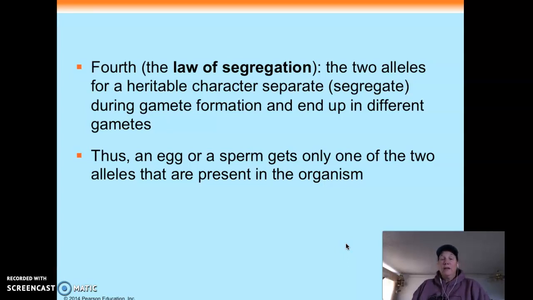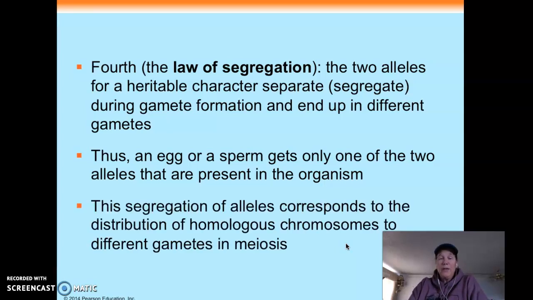Once you go through meiosis, the traits get separated. But if you're homozygous, they're all going to be the same anyway. The segregation of alleles, that's his law. He said that since you get one trait from mom and one from dad, they separate when you form gametes. That's why the recessive one has a chance of showing up again.